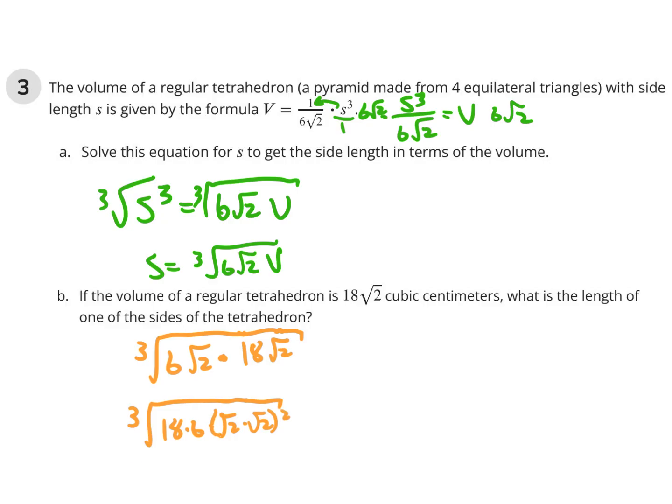Okay, so now the cube root of 18 times 6. 18 times 6 is 108, times 2. The cube root of 216 gives us 6, and 6 centimeters is the length of a side.